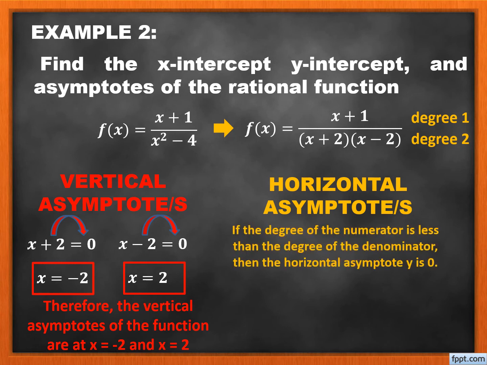Kapag ganito yung case, or if the degree of the numerator is less than the degree of the denominator, kahit na hindi 1 yan at hindi 2, basta mas mababa yung degree ng numerator compared sa denominator, then the horizontal asymptote y is always 0. So therefore, our horizontal asymptote is at y equals 0.